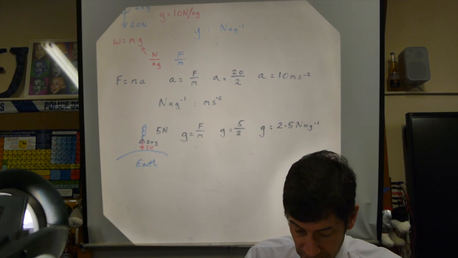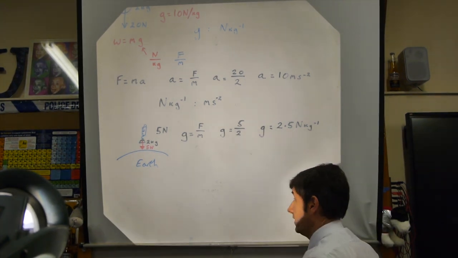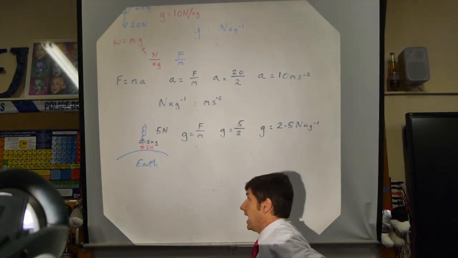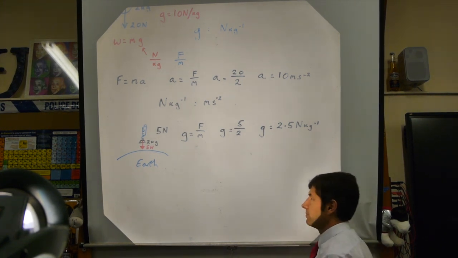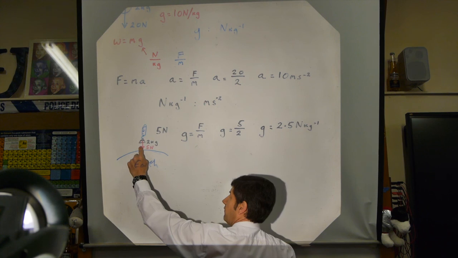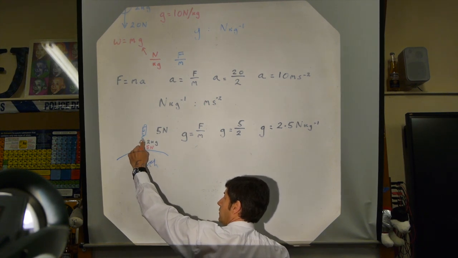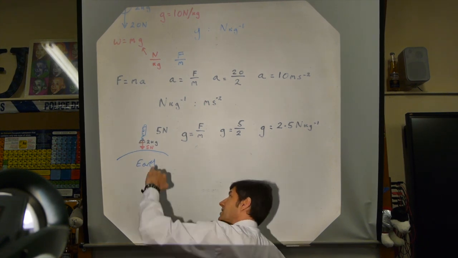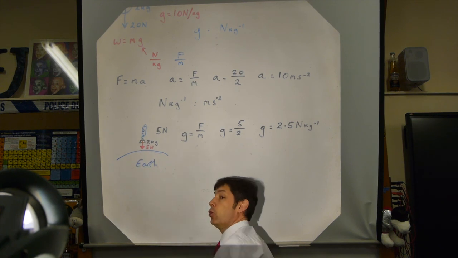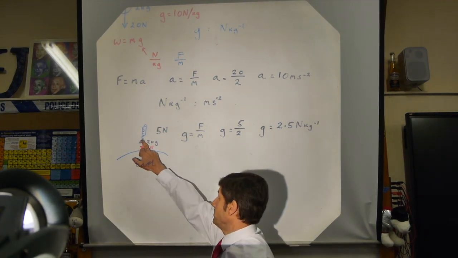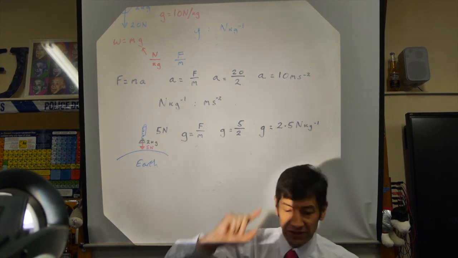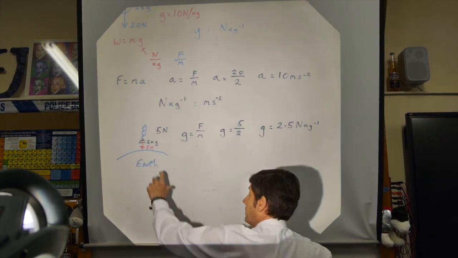Right, now, you're probably thinking this is very easy and you've got it all sorted, but I think you might have missed something. This is the force that this object feels due to the gravitational field strength at that point. Now, here we go. We have to imagine that this is a point mass, because I think some of you will be going, but FJ, what about the bottom of it?